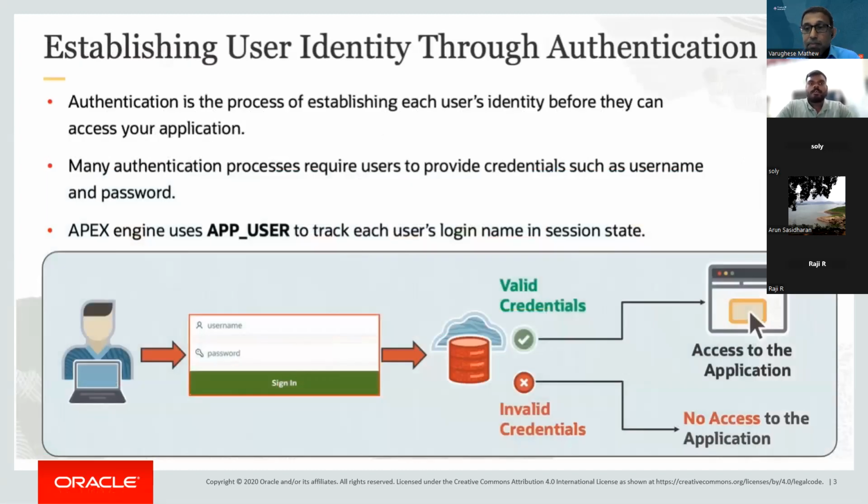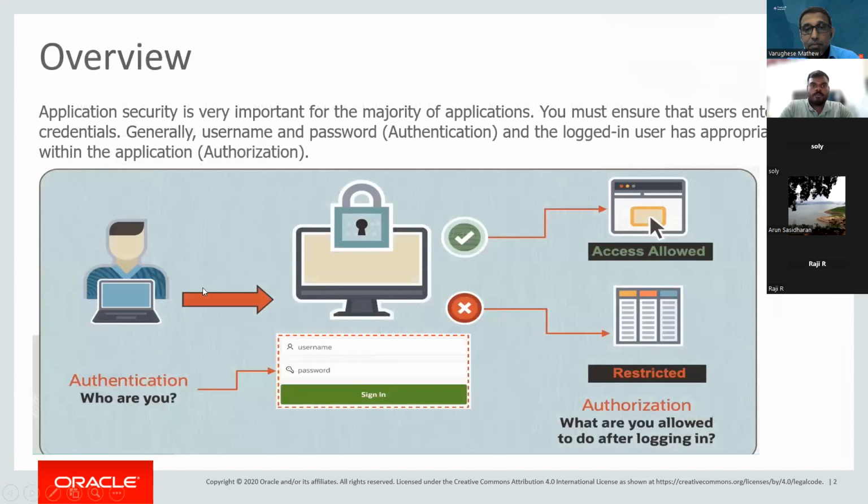And then establishing user identity through authentication. Authentication is the process of establishing user identity before they can access your application. The same as what you have seen in this picture.